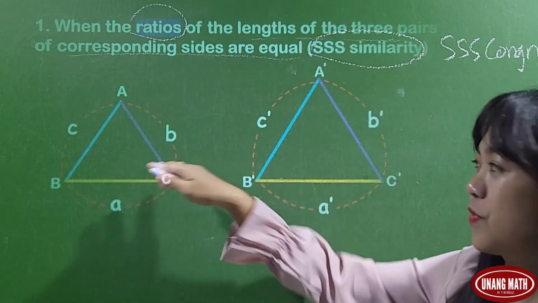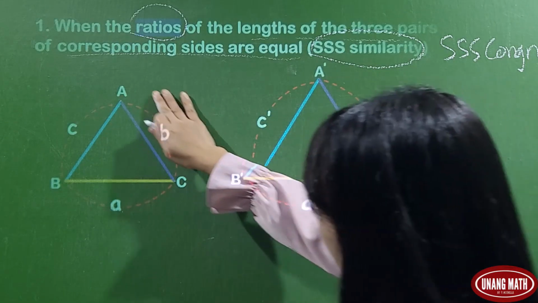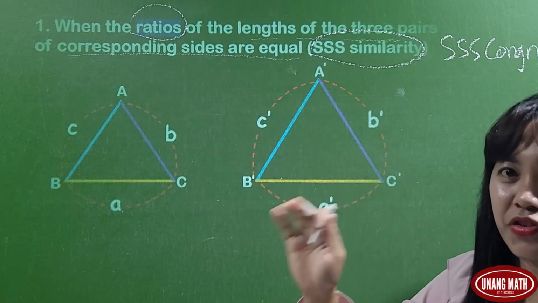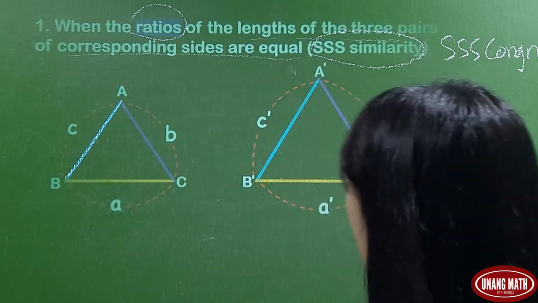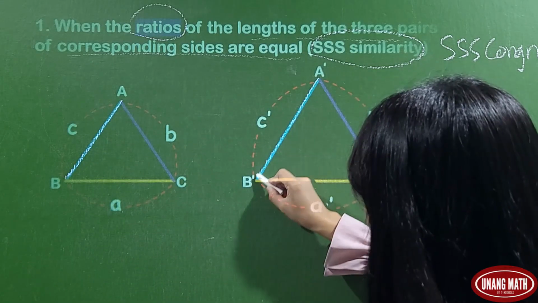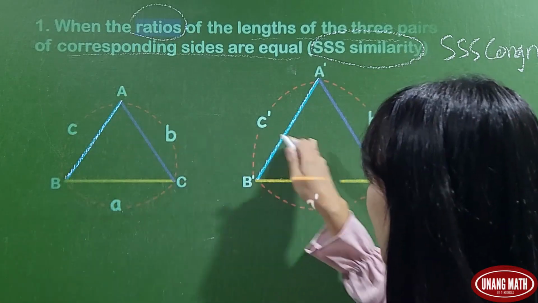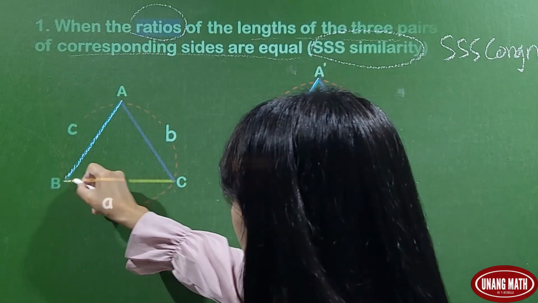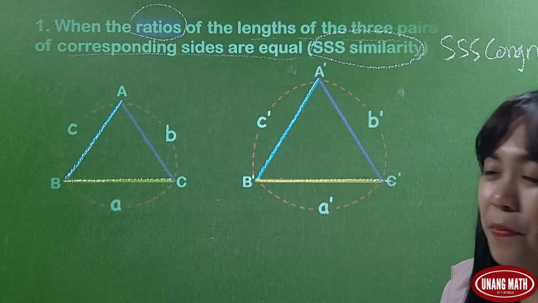Let me explain using these two triangles. We have this smaller triangle and this bigger triangle. As you can see, side AB corresponds to side A prime B prime, as indicated by the similar colors. Side BC corresponds to side B prime C prime.